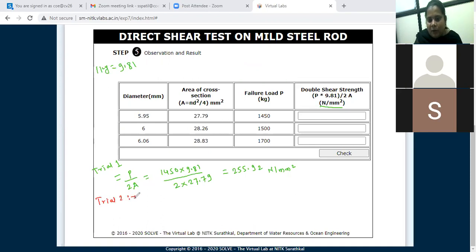The same formula you have to apply. Shear strength is equal to force divided by 2 times area. The applied force is in kg, so you have to convert it into Newton. So P into 9.81 divided by 2 times area. The force is 1500 into 9.81 divided by 2 into the area for the second trial, which is 28.26. Calculate and tell me how much.